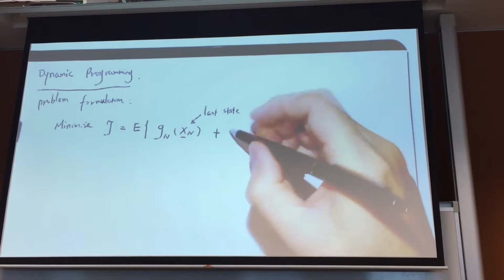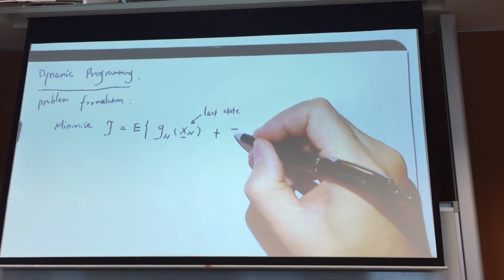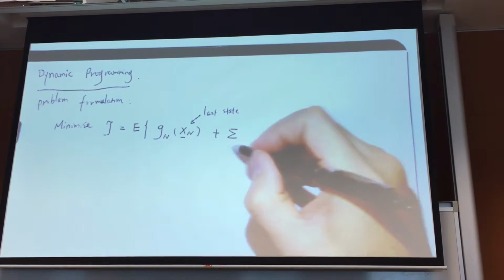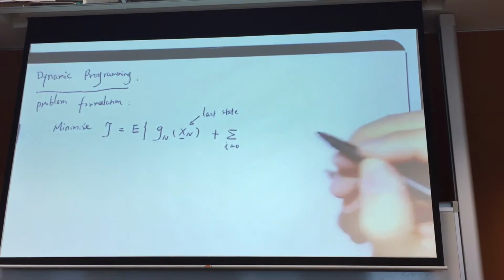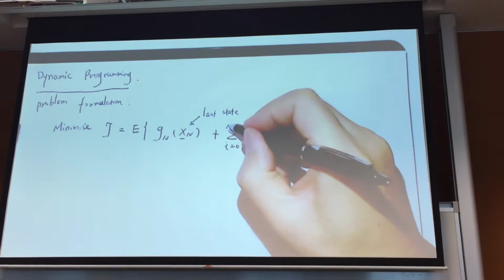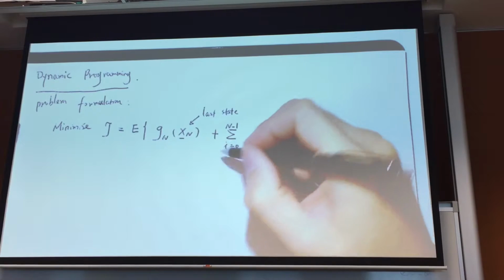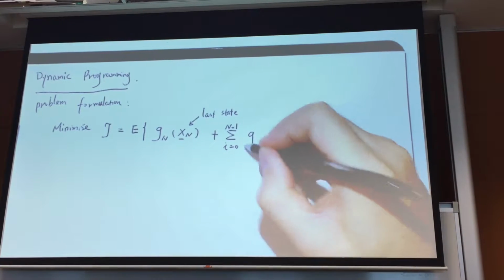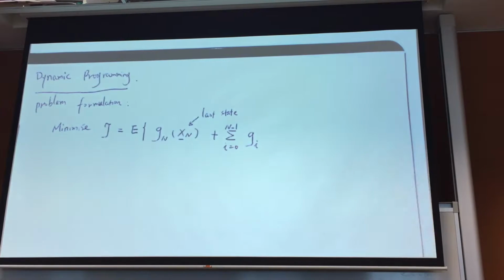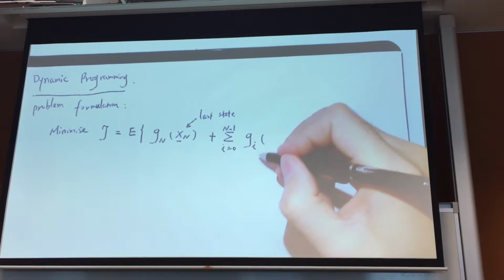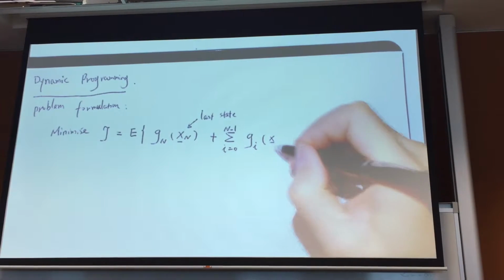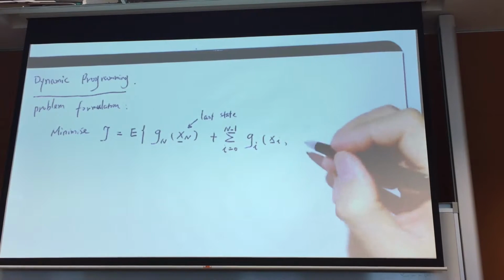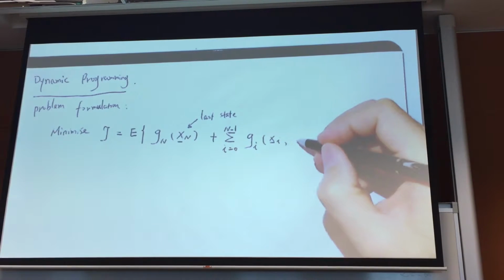And plus the function in between, from the initial state until the state just before the final state. So this function is given by this g_i in terms of the state vector and the input.